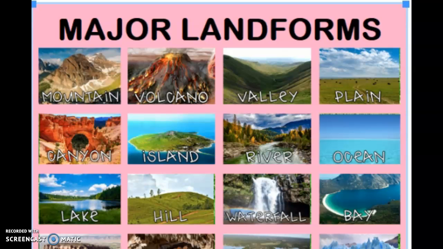But if the mountains don't actually get pushed up to a point to where they peak, then they are called what most people know as plateaus. And plateaus are also tall landforms, but again, unlike mountains, they have flat tops. They don't have those peaks, and they come in a lot of different sizes.